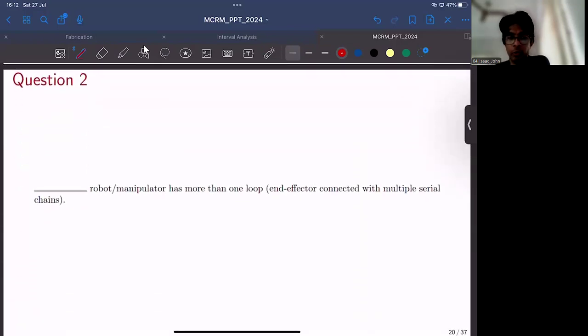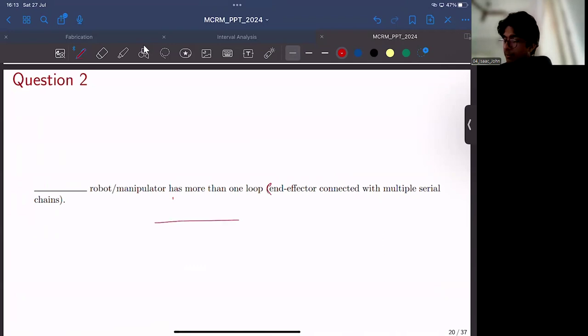Okay, moving on to question two. It's a fill in the blanks kind of question. So this dash robot manipulator has more than one loop, or in brackets, end effector is connected with multiple serial chains.